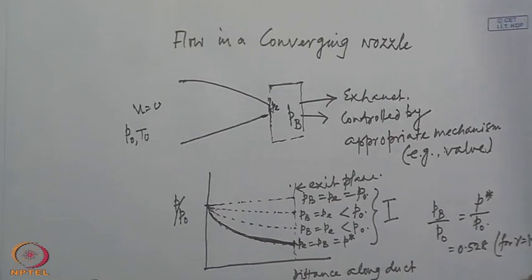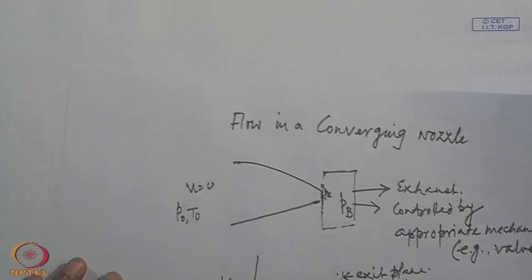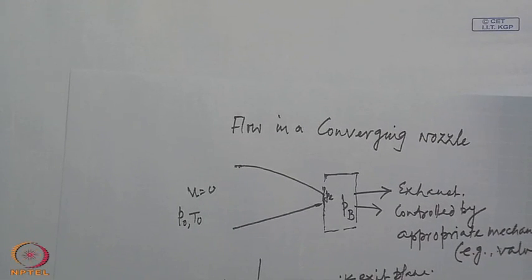That is, the further expansion from P star to P b will take place outside the nozzle.